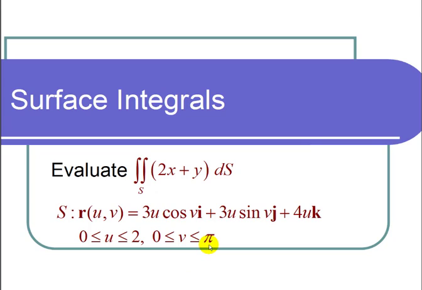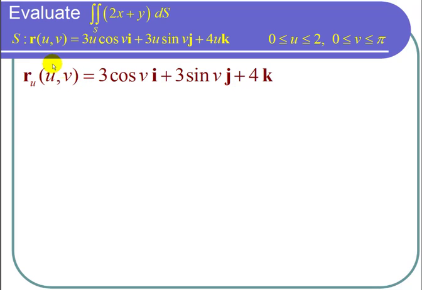So to calculate a surface integral defined parametrically, I first need to find the magnitude of Ru cross Rv. So let's find Ru first. Ru is the partial derivative with respect to u of r, which is 3 cosine v i plus 3 sine v j plus 4k.